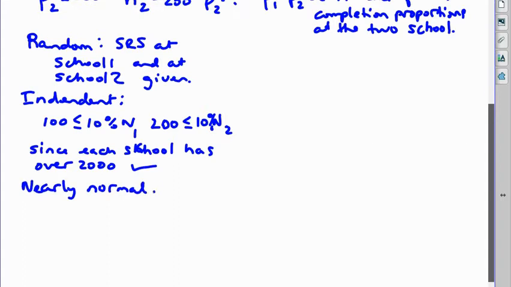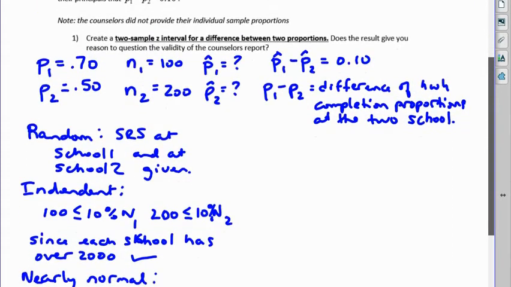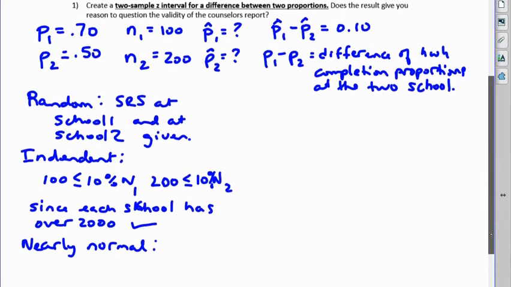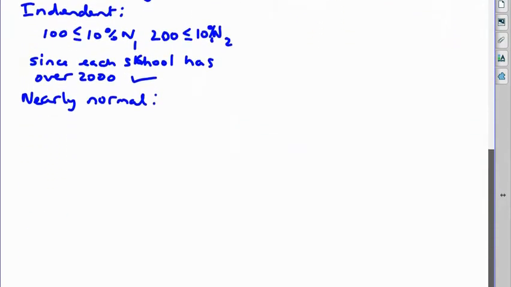Now, if we had the p-hats, we would not check them because we have the p. Remember, this check is with n times p, without the hat if we can.